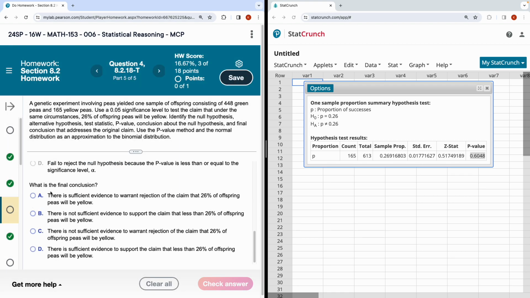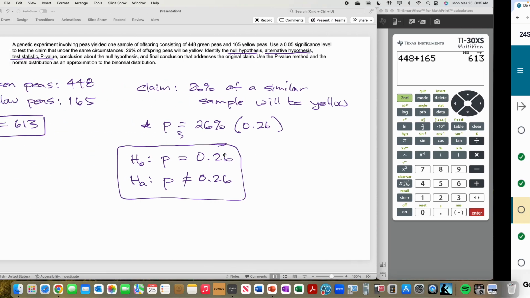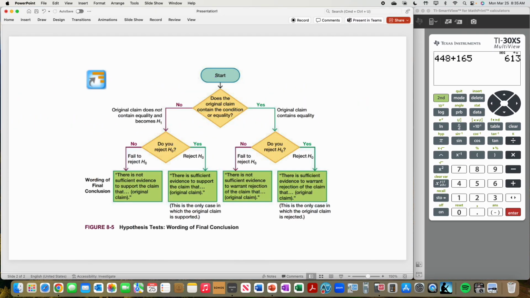And then finally, what is our final conclusion? I like to refer to this table here. We start out with: does the original claim contain the condition of equality? It did, yes, the original claim had the equal sign. So do we reject our null hypothesis? No, we did not. We failed to reject.